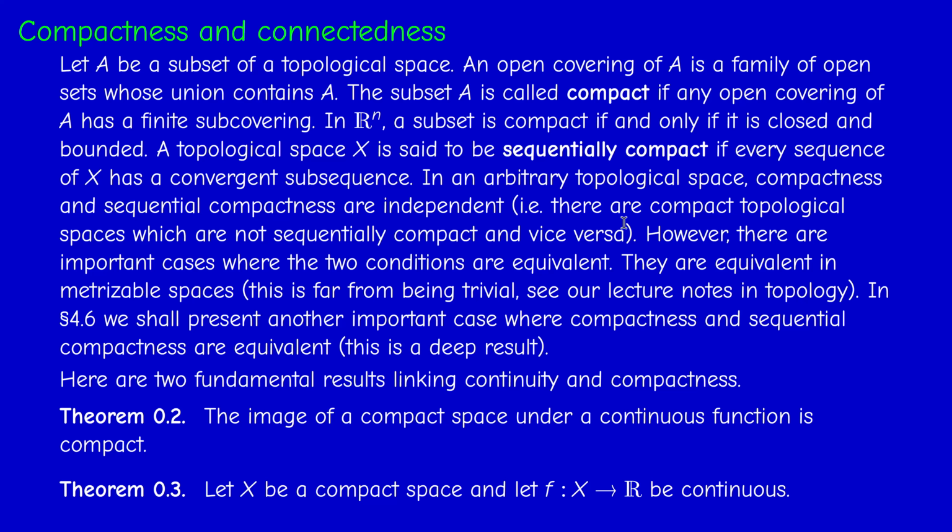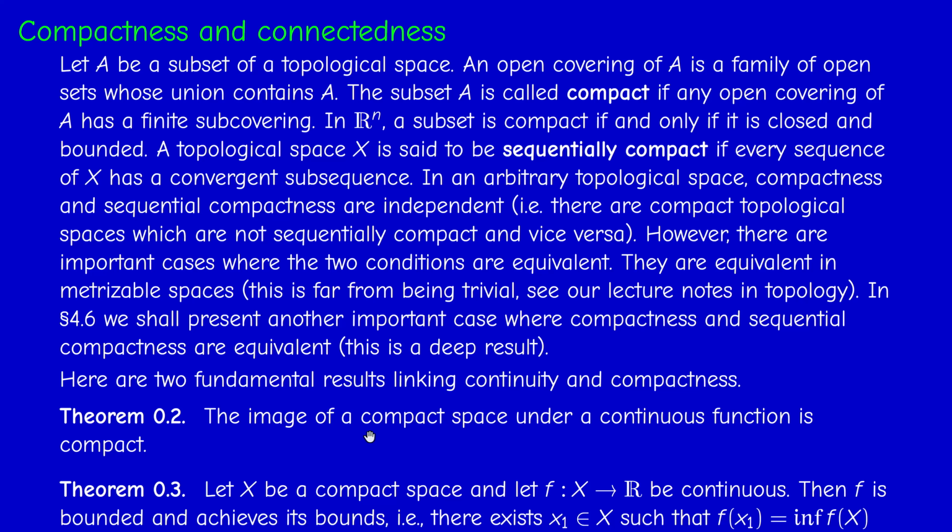And the second result, which is very important as well, is that if we have a continuous function f from a compact set X to R, so a real valued function, then f is bounded from above and below, and it achieves its bound.